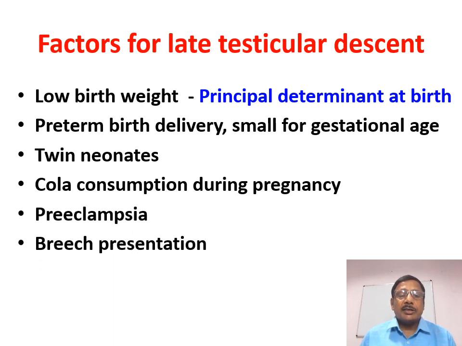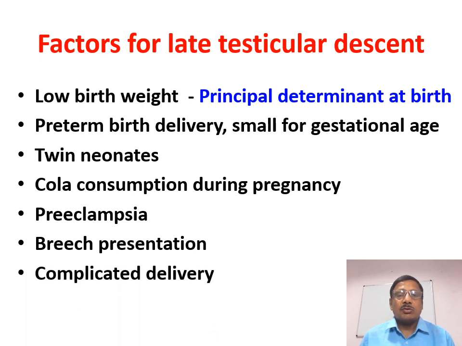If the mother has any disease like preeclampsia or breech presentation or there was a complicated delivery, these are all factors responsible for late testicular descent. And mind you, in all those situations, you need to wait up to 1 year or at least for 6 months. So that is very important for all of us to know. We should not immediately embark on treatment when we see an empty scrotum at birth.